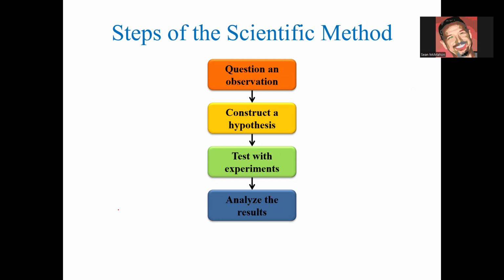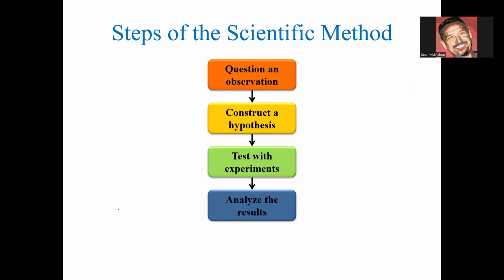And then from your data, you're going to analyze them. We call those results. You might analyze them using graphs. You might use calculations, right? You might use different types of relationships, but you're going to try to analyze these and explain your observations in the experiment from the data you collected.